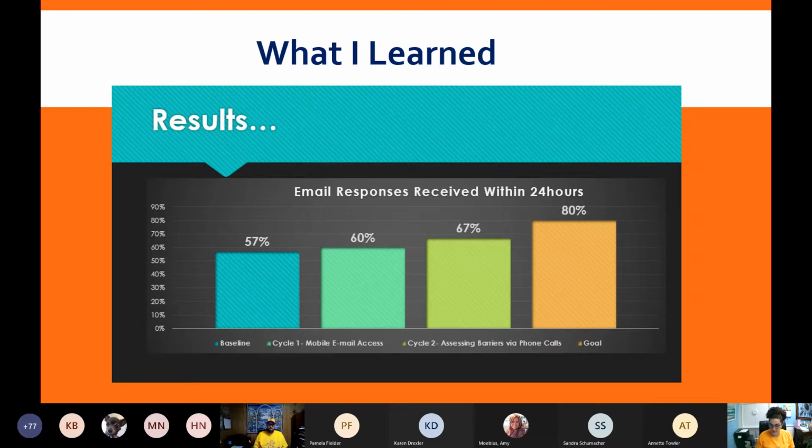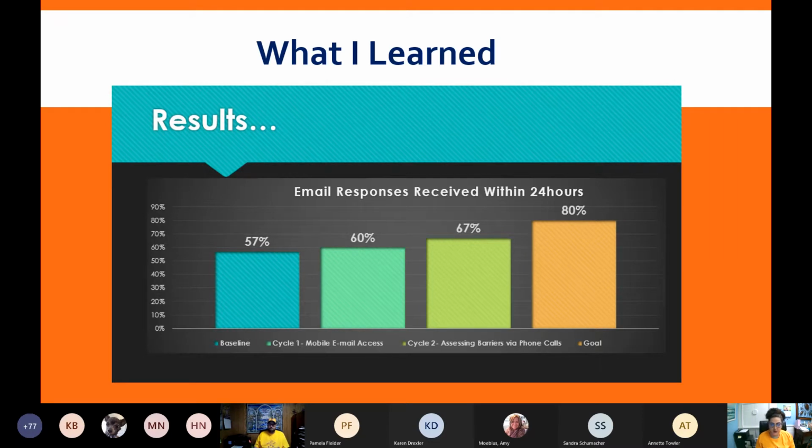They're in the community servicing members, which is understandable. They can't always get to their computer to check their emails as much. So what we wanted to do was get people's emails on their phones. We went from 57 to 60%. So that made a little bit of an impact. And then we said, well, that's really not to our goal, so we're going to keep going.